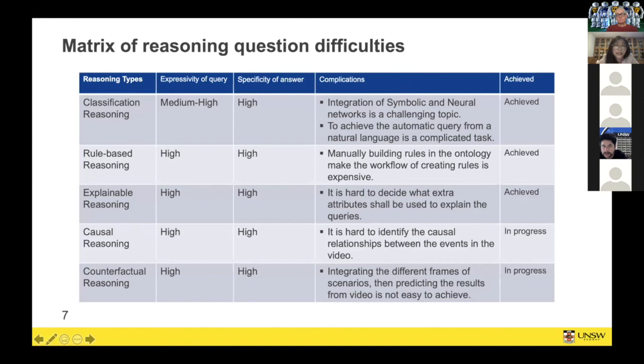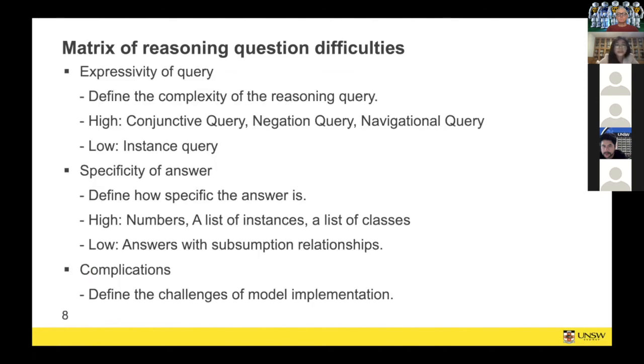We use this matrix to define the reasoning question difficulties through 3 items. The first one is expressivity of query. The second one is specificity of answer. And the last one is the complication of implementation. We use the expressivity of query to define the complexity of the reasoning query, such as conjunctive query, negation query, navigational query.